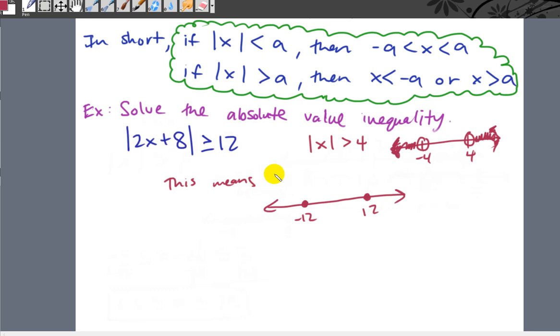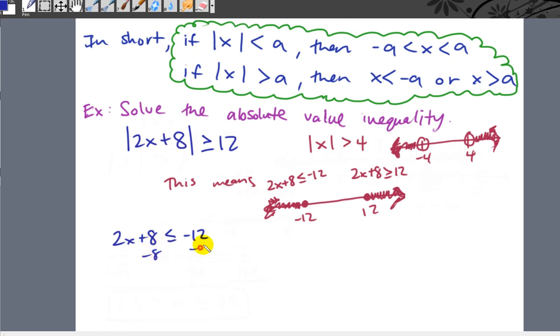The only difference now is that 2x plus 8 is less than or equal to negative 12, or 2x plus 8 is greater than or equal to 12. We can shade it very similar to what we did with the basic example. So there are two inequalities here that we have to solve. Let's go ahead and do so.